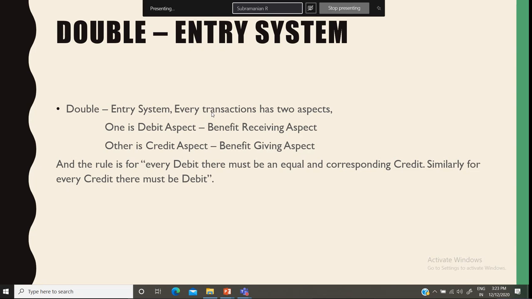If you are going to pay salary to an employee, cash is moving out of our business, so cash is going out, and the salary account has to be debited. Like this, we have two aspects, debit and credit. One transaction means two accounts: one has to be debited, the other credited.